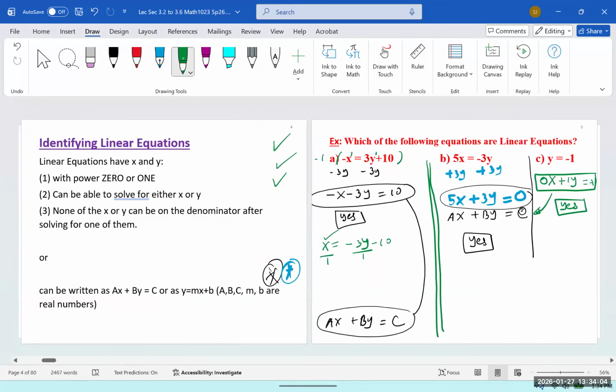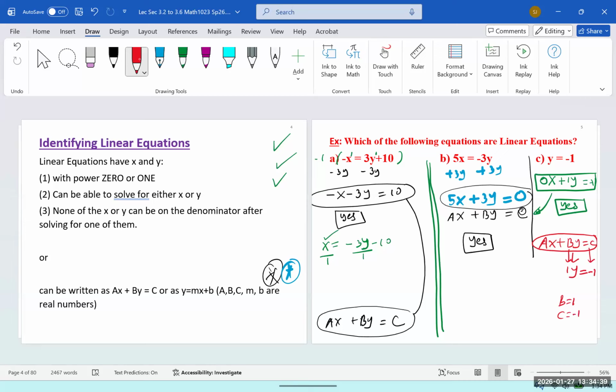Sure. Okay, so C has only y in it. It doesn't have any x. But look at the equation of the line. Our equation of the line is ax plus by equals c. It says as long as you can write your equation in this format, then it's a line. So we have 1y, and we have -1, so b equals 1 and c equals -1.